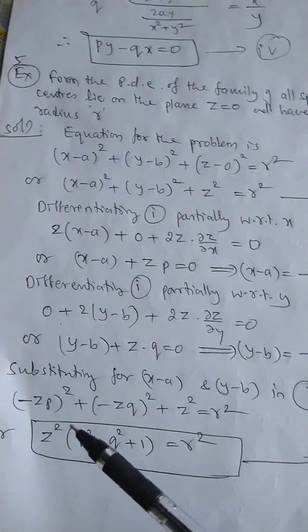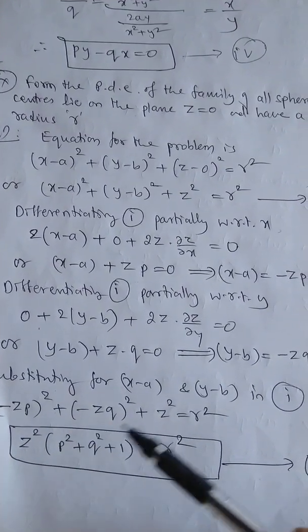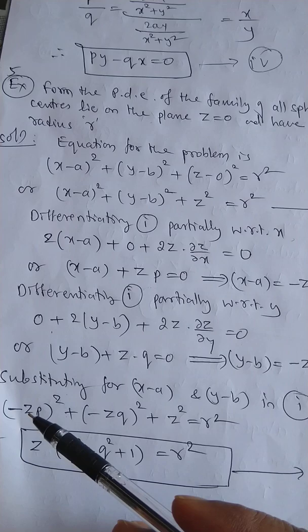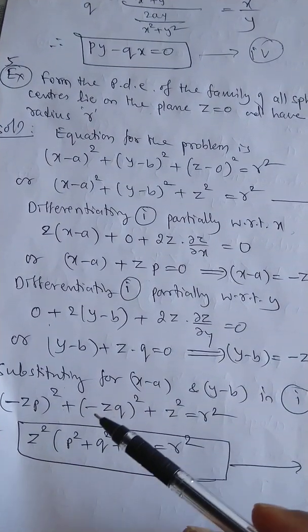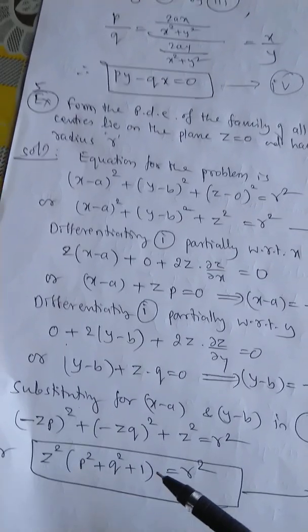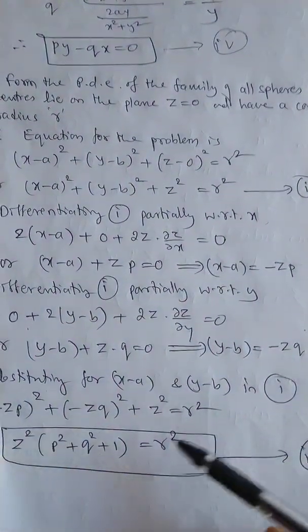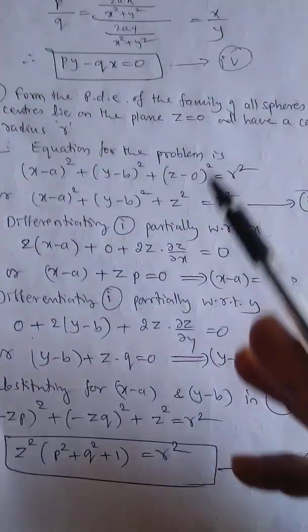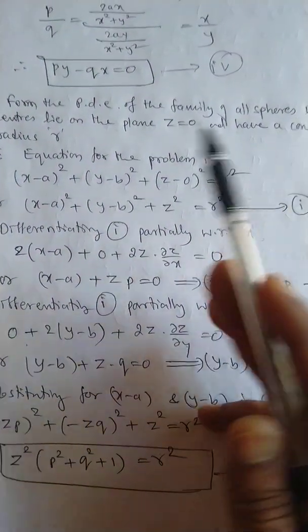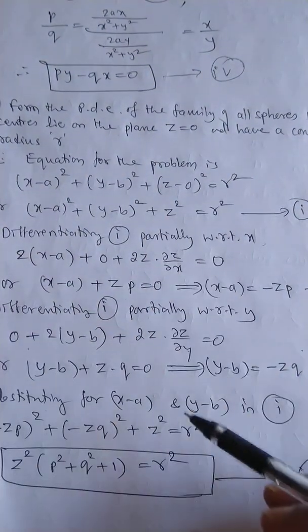Simplifying, z square is common, so in the bracket, since the square of any number is positive, minus square is plus, so z square times p square plus q square plus 1 is equal to r square, which is the partial differential equation of all spheres whose centers lie on the plane z equal to 0 and have constant radius r.